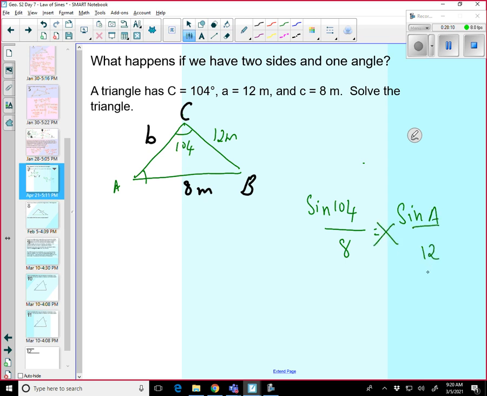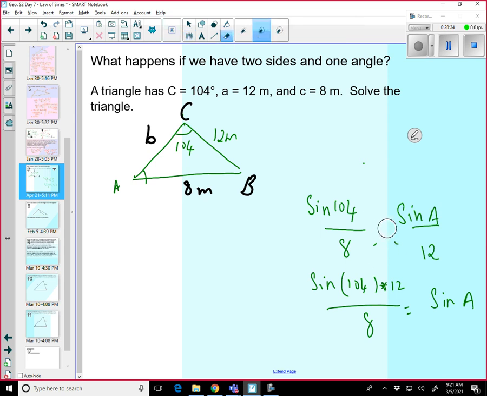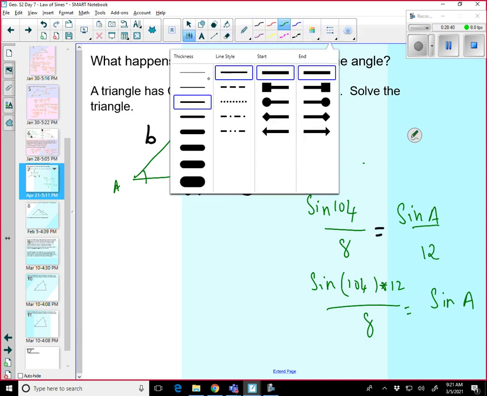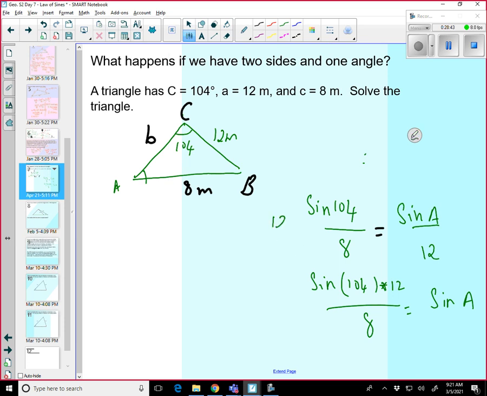I want to keep side A on one side and the rest on the other, so instead of cross multiplying, I just multiply 12 on both sides because I'm interested in solving for A. This 12 and 12 get crossed out.